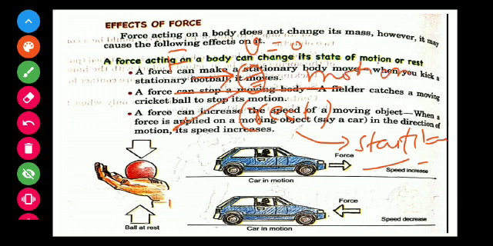So this is your state of rest, and after application of force there is a change in the state of rest and the football is in motion. Therefore, due to the effect of force, a body changes its state of rest into a state of motion.